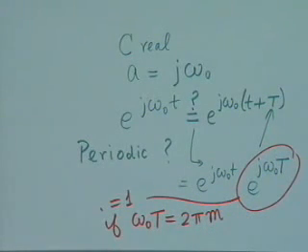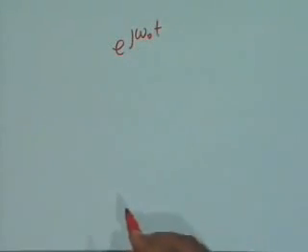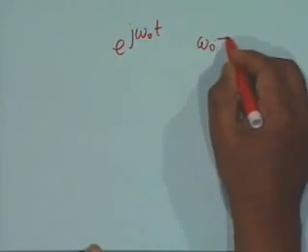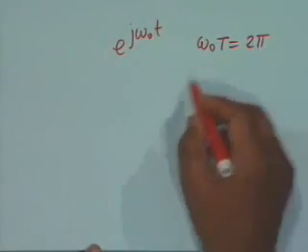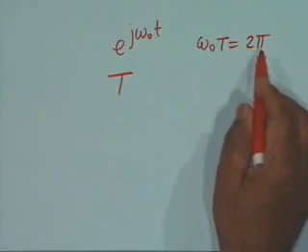Now, the smallest m shall define the period, that is the fundamental period. Fundamental period obviously is given by capital T. This is periodic if omega 0 capital T is 2 pi.